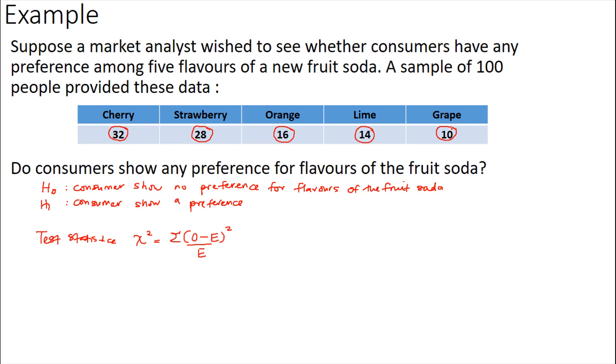That means from 100 samples, 20 will choose cherry, 20 will choose strawberry, 20 will choose orange, 20 will choose lime, and 20 will choose grape. That means there's no preference.